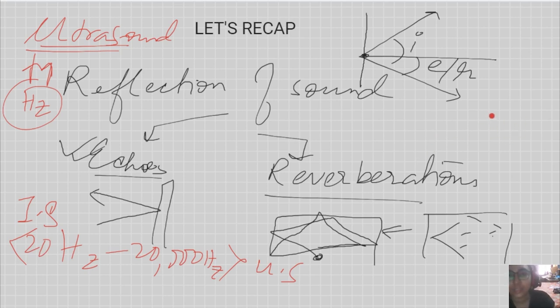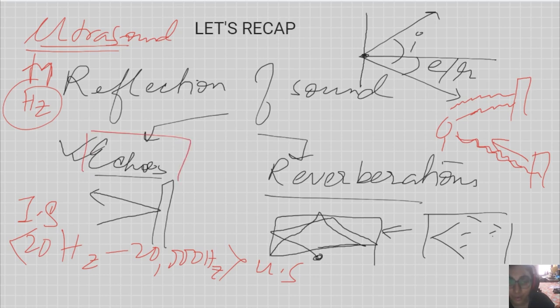So they detect obstacles by producing ultrasonic waves, and the bat calculates the time in which the reflection comes back.